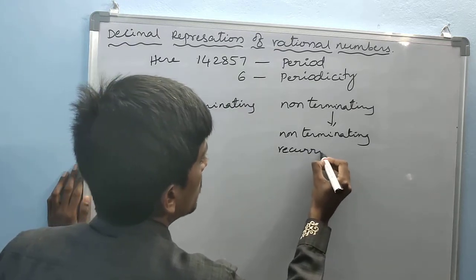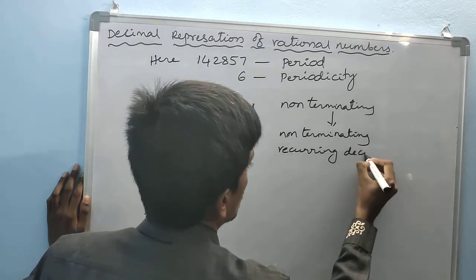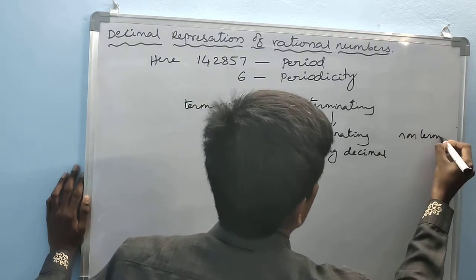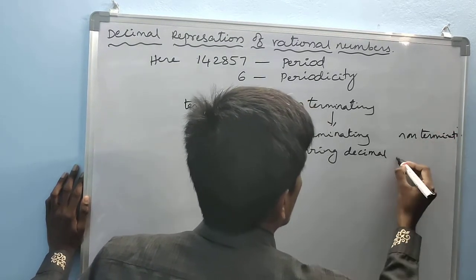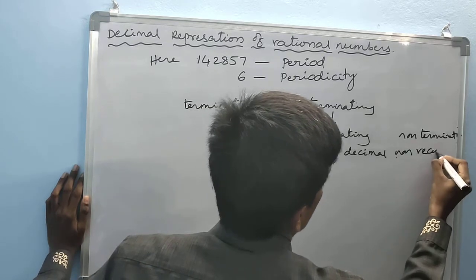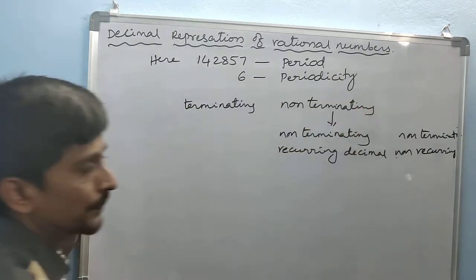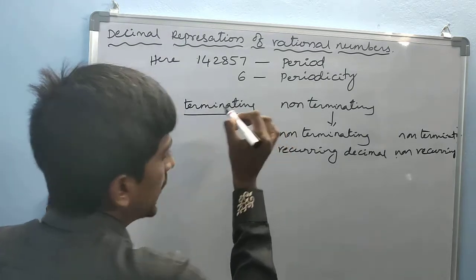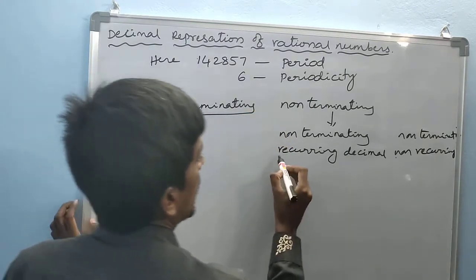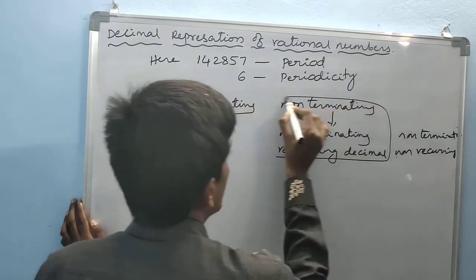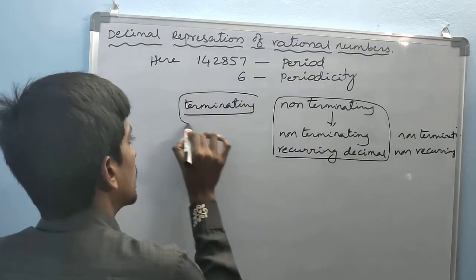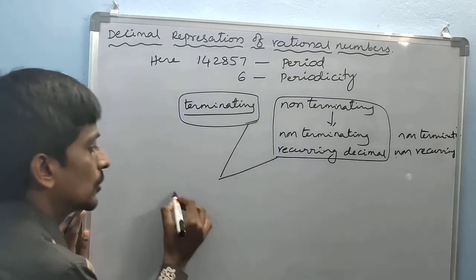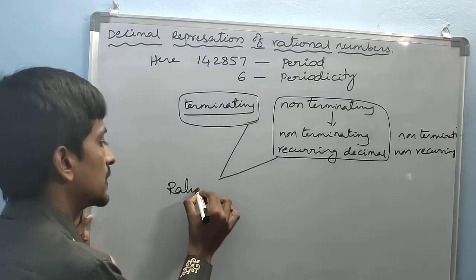One is recurring decimals, another one is non-terminating non-recurring decimals.